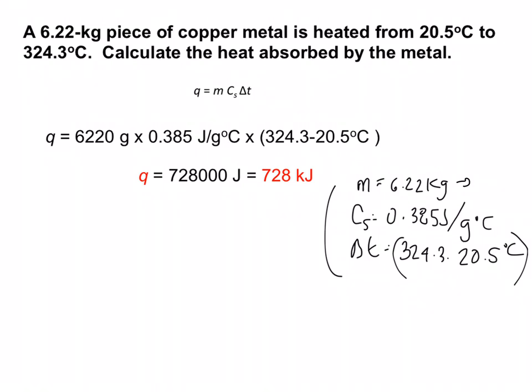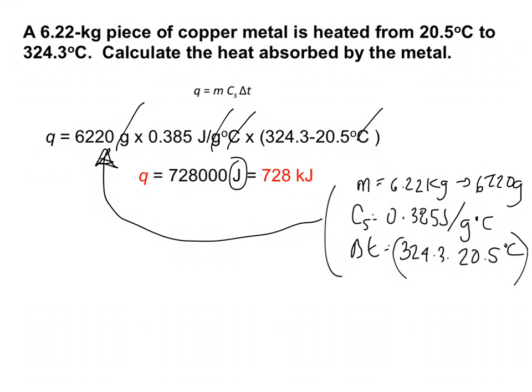In this case, we need to take kilograms and convert them into grams. We're just going to move our decimal to the right a few spaces, and this will give us the correct unit. Then we plug all these numbers in as we see here, basically multiply everything through, and that should give you 728,000 joules. Grams and grams cancel, Celsius and Celsius cancel, joules are left over.